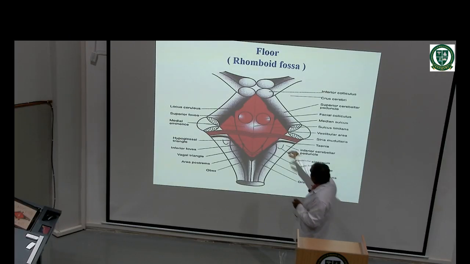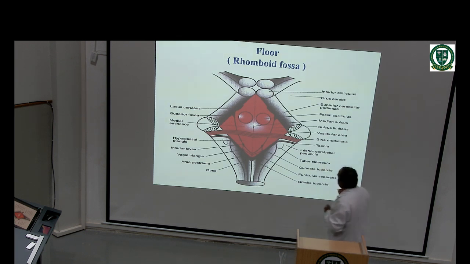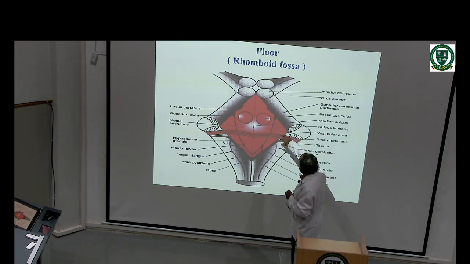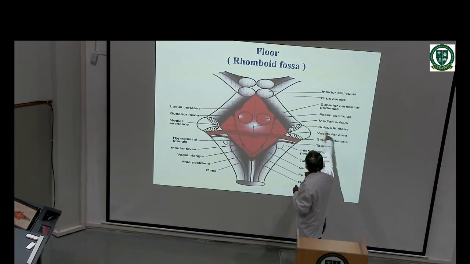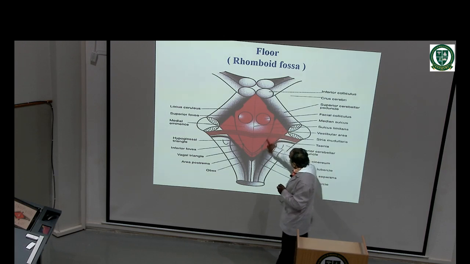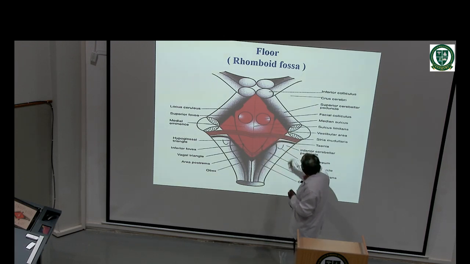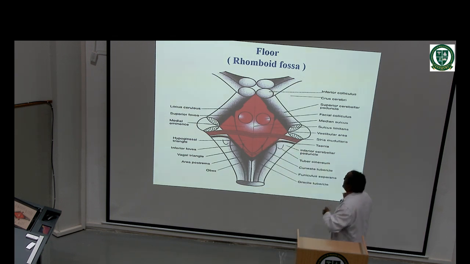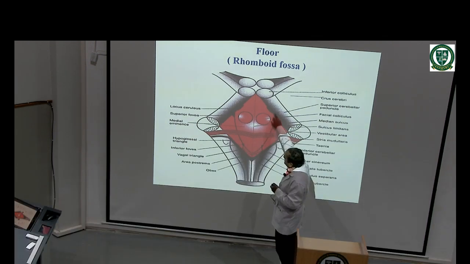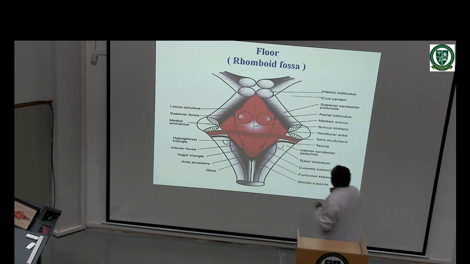And in the upper part of the floor of the fourth ventricle, you will get one sulcus limitans. That is also present in the lower part. This sulcus limitans in the upper part of the floor divides it into the medial eminence and, laterally, the vestibular area.